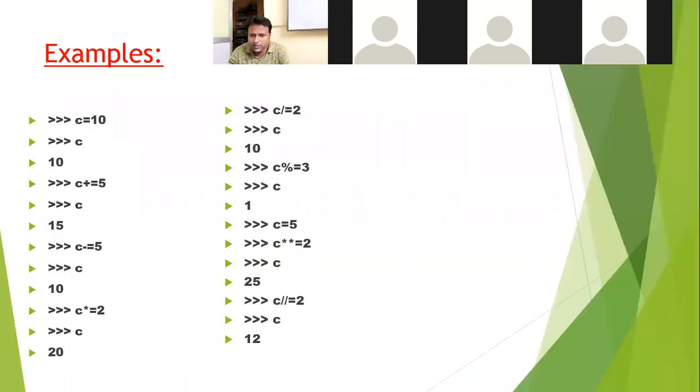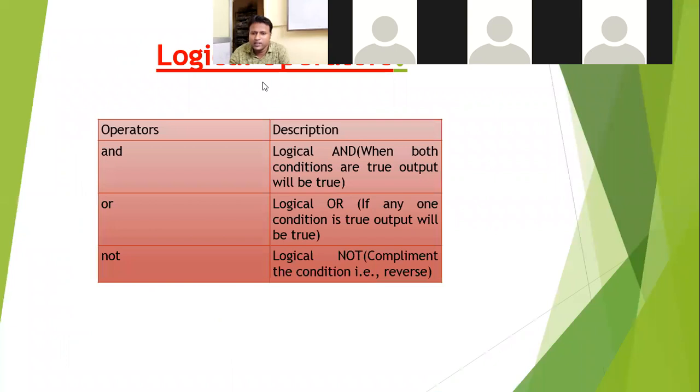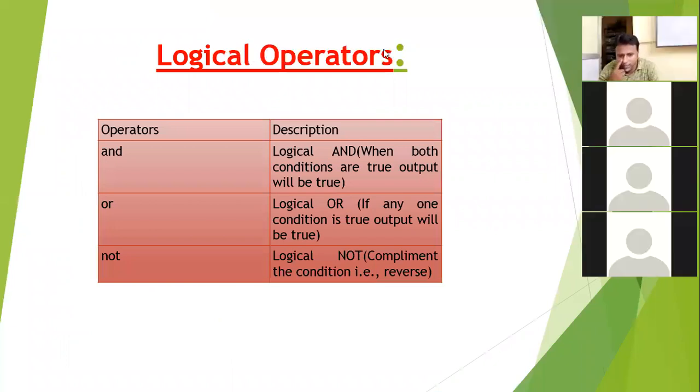Okay, so next program is logical operator. So in a logical operator we are using and, or, not operators. So that means what?